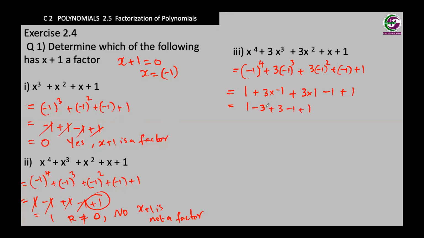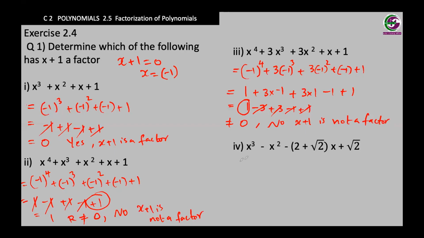So minus 3 plus 3 get cancelled, minus 1 plus 1 get cancelled. So we have a remainder 1, not equal to 0, so x plus 1 is not a factor.